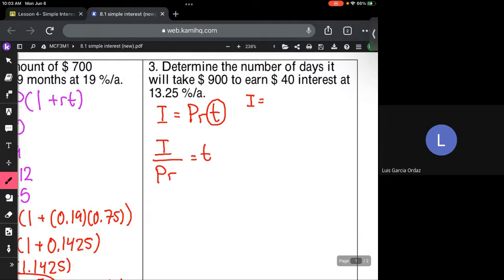What's my interest in the question? $40. What's my principal? How much did I borrow? 900. And what is my rate as a decimal? So 13.25 divided by 100.